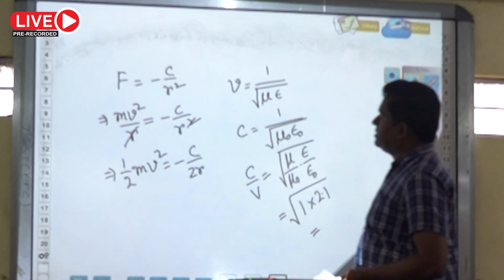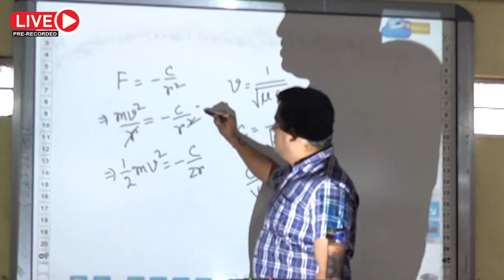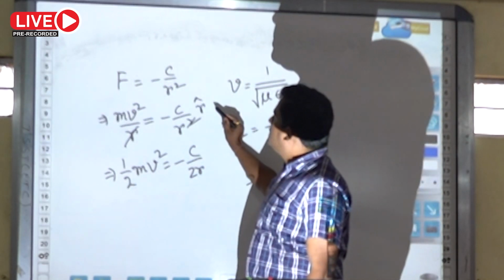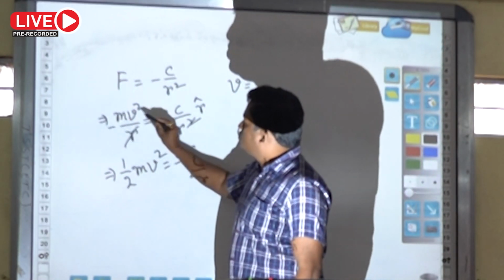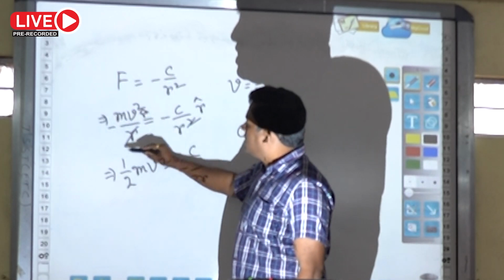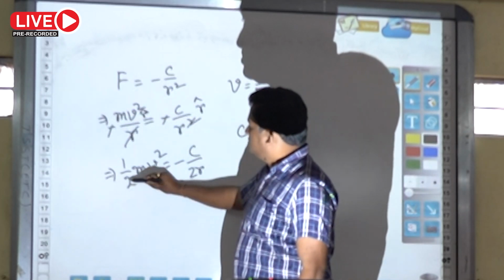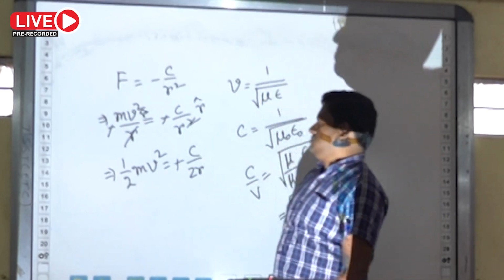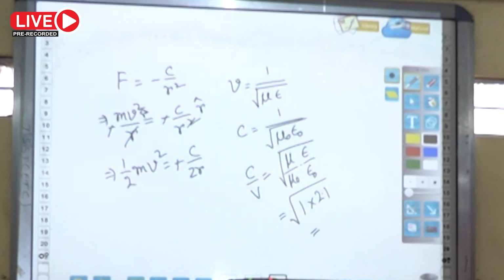Just a minute. If this one has an r cap, this one should have had an r cap. Correct option is B, not A. Kinetic energy cannot be negative. See, attractive force will be minus c by r square.